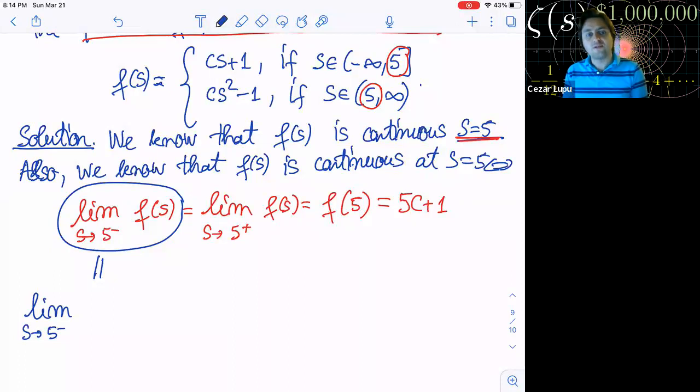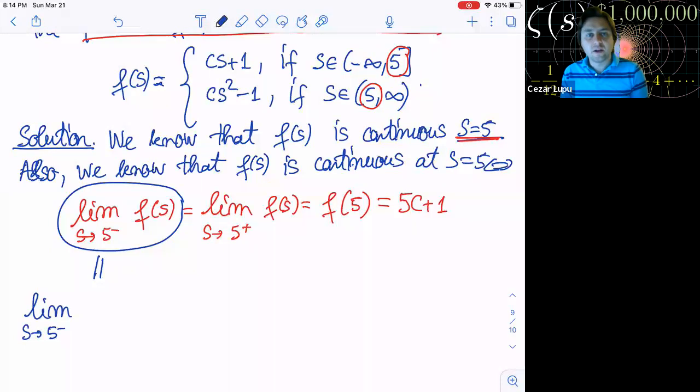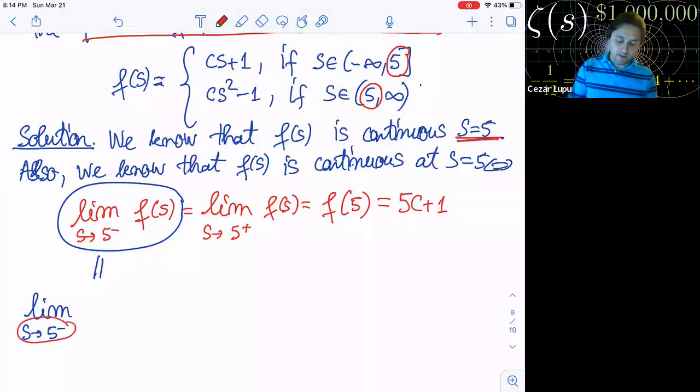Which of the two pieces would I put? Which one is less than 5 from these two pieces?